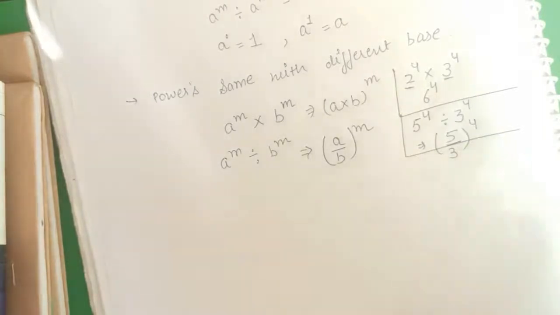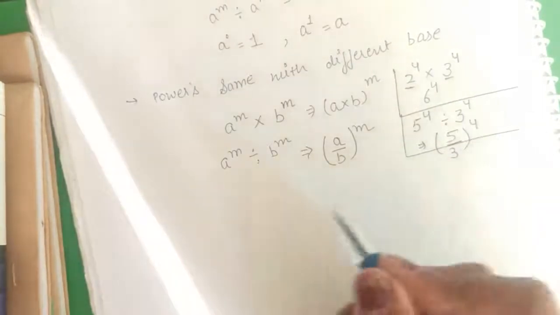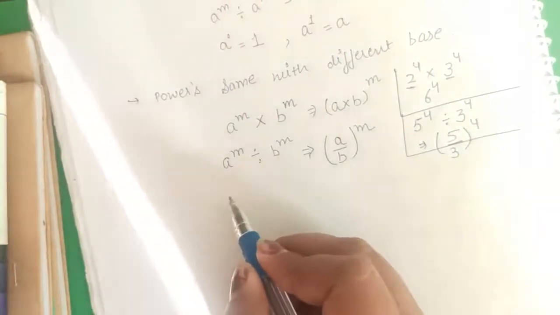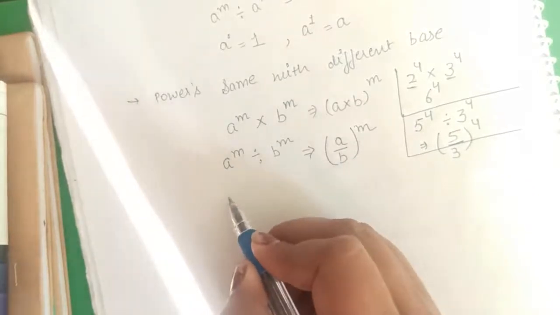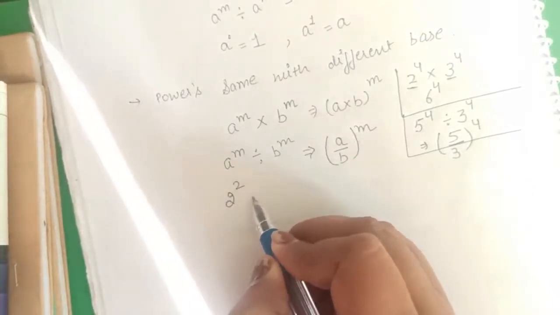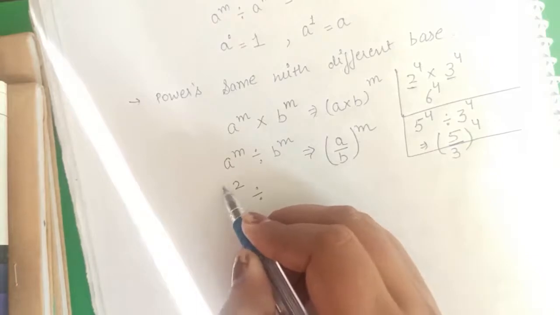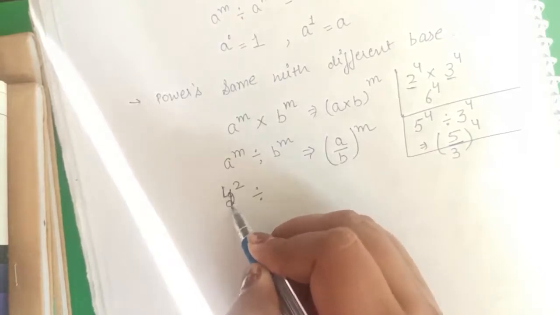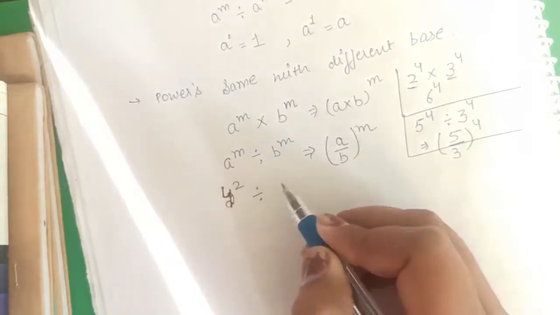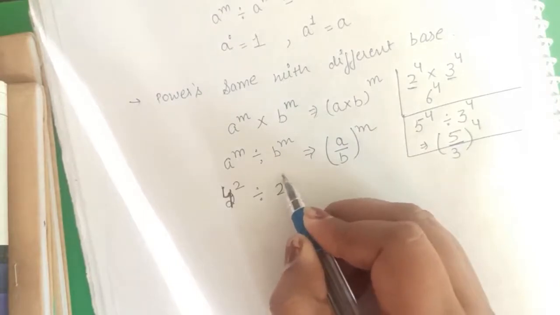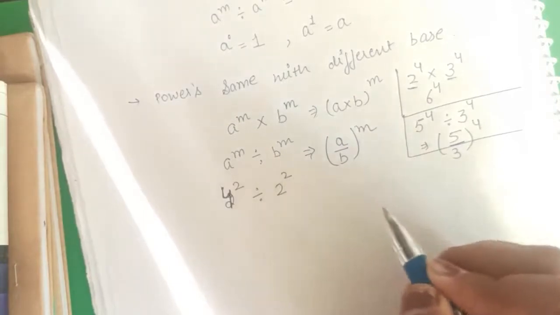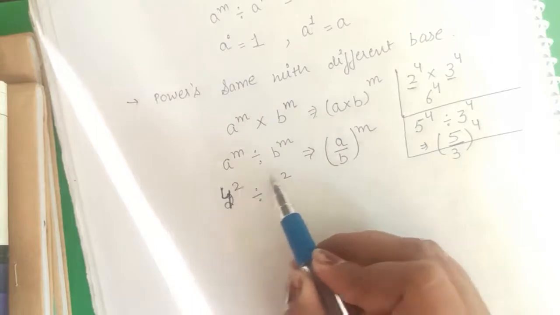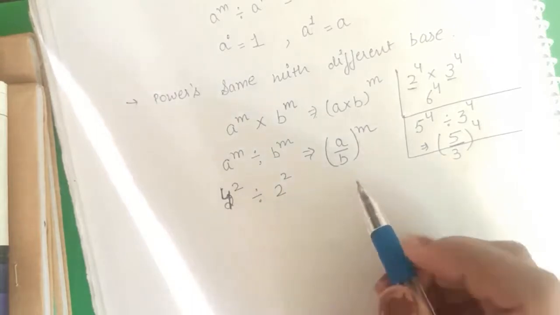Once again, see here, 4 to the power 2 divided by 2 to the power 2. Power will remain the same, bases are different.